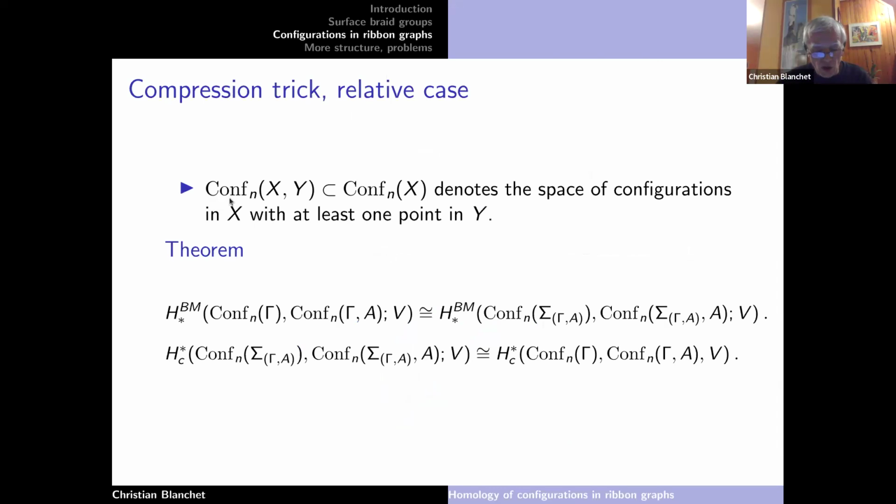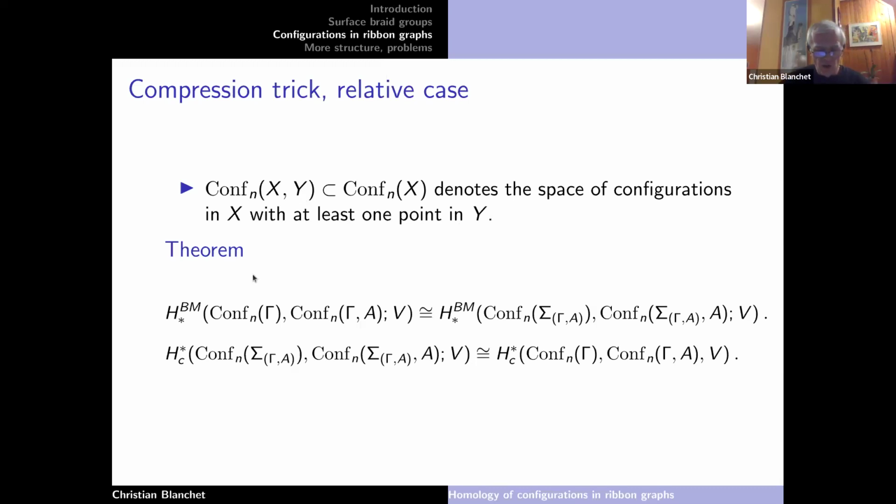Here, there is a notation saying that when I put configuration of endpoint with a pair, it's the subspace of configuration in X with at least one point in Y. So if Y is in the boundary, this will be part of the boundary in the configuration.